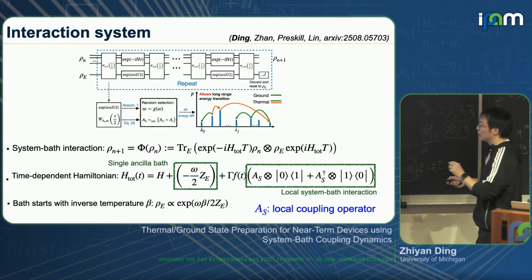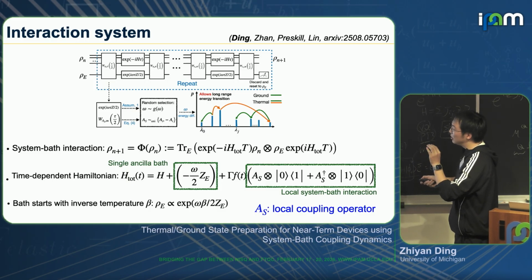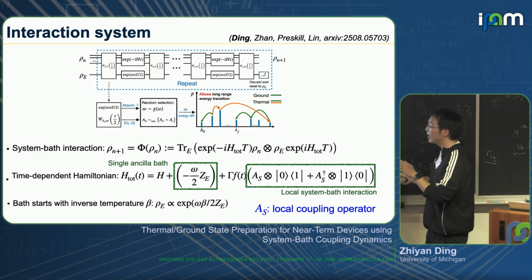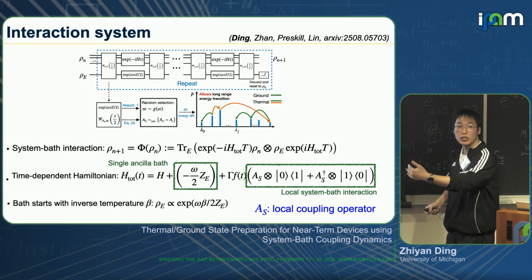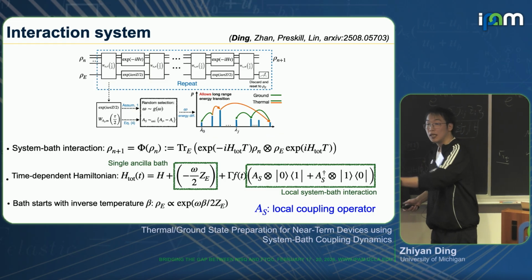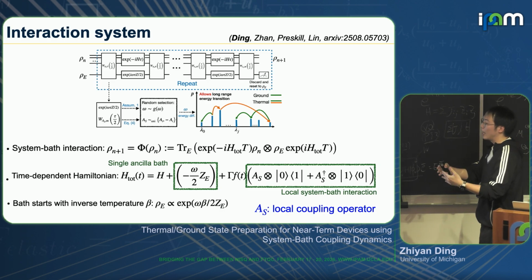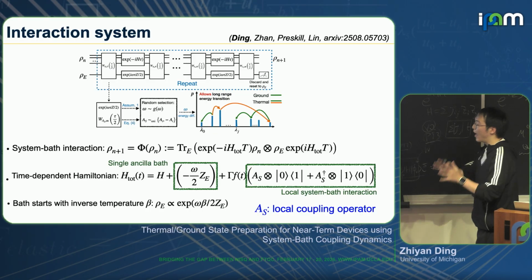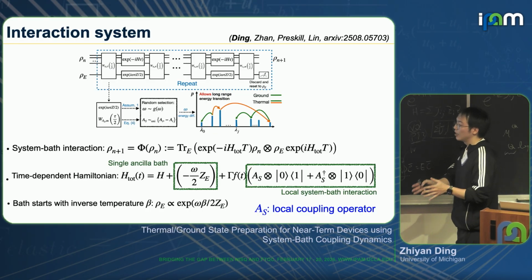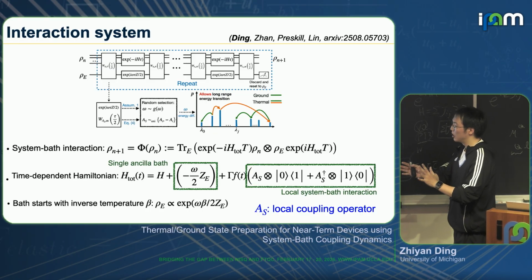Intuitively, you should imagine this AS as the coupling operator in my Lindblad dynamics. Using this AS, I can guarantee that my eigenvectors can be transferred between each other.